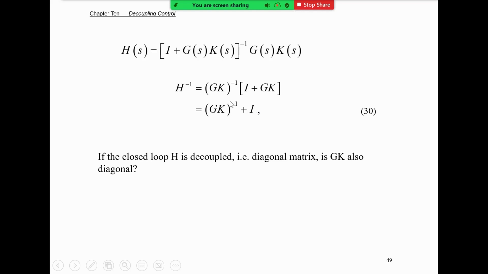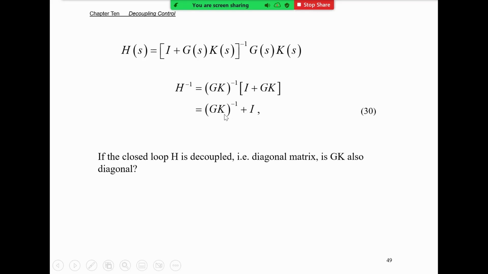This is the matrix. I is the identity matrix. The objective is to make H diagonal. If H is diagonal, of course, the inverse of H is also diagonal. We know this I is a diagonal matrix. Now, how about G times K?